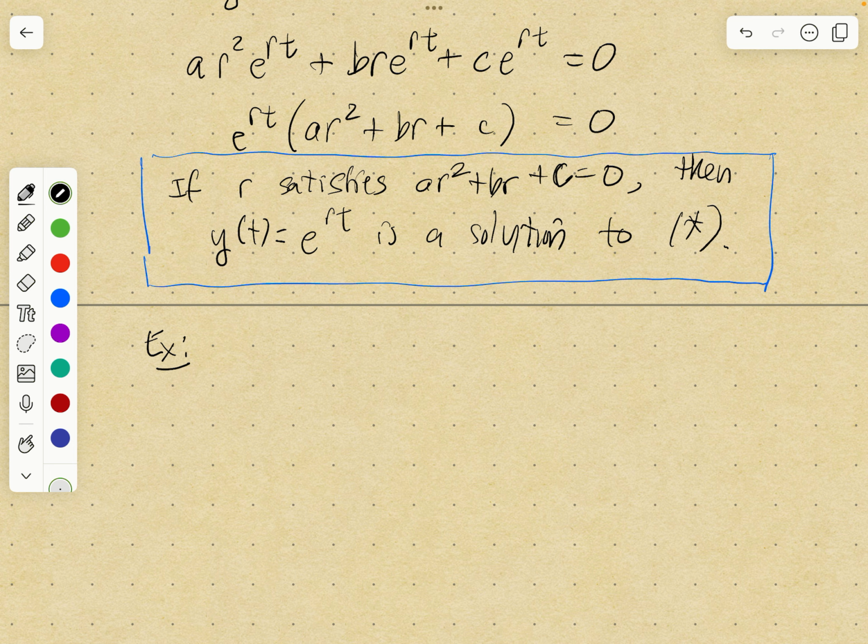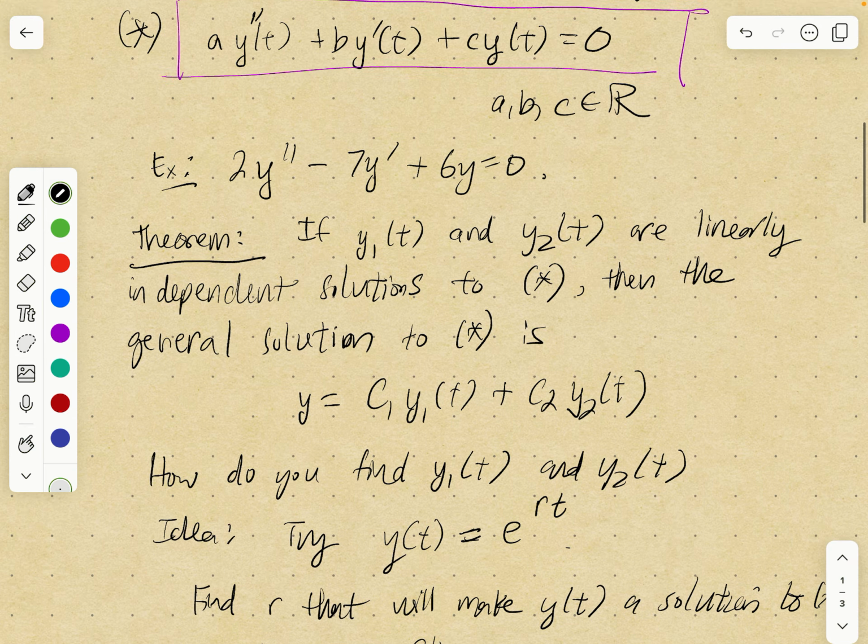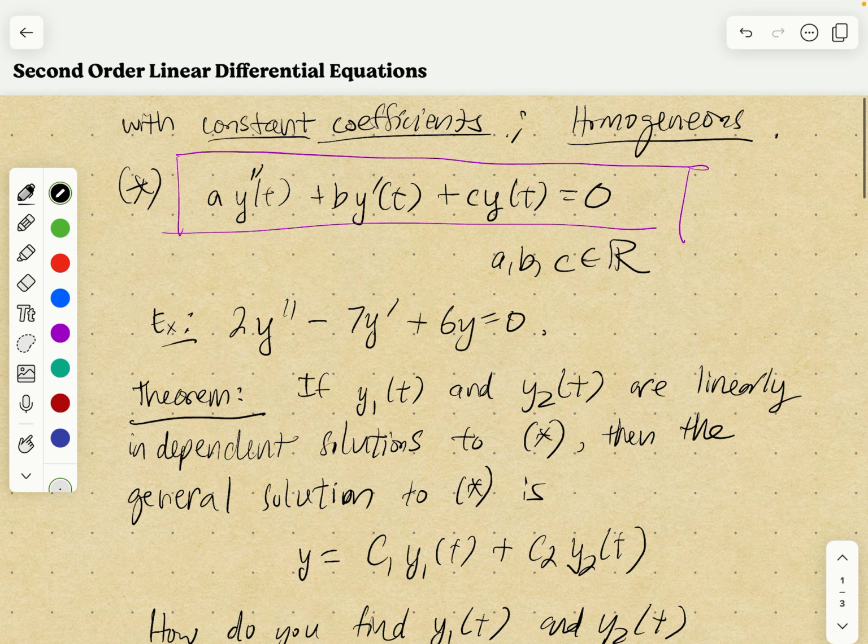Let's say you wanted to solve y double prime minus 5 times y prime plus 6y is equal to 0. Well, here our a is 1, our b is -5, and our c is 6. We're trying to match it with this format.